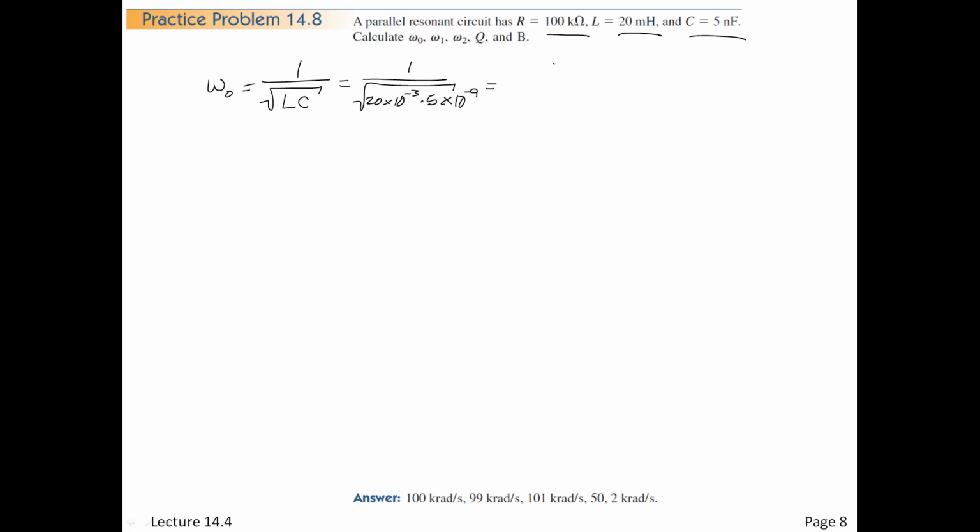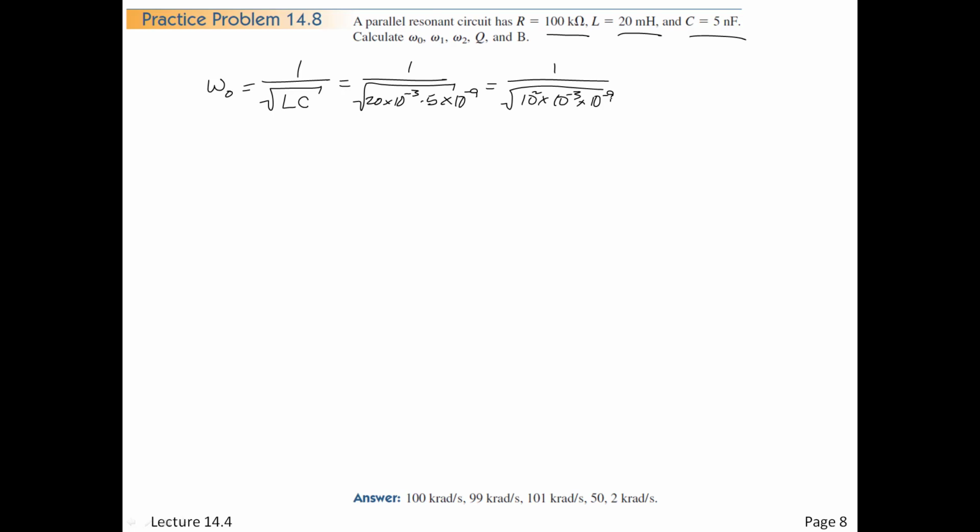So this is 1 over the square root of 20 times 5, I'm just going to call this 100, that's 10 squared, times 10 to the minus third times 10 to the minus ninth.